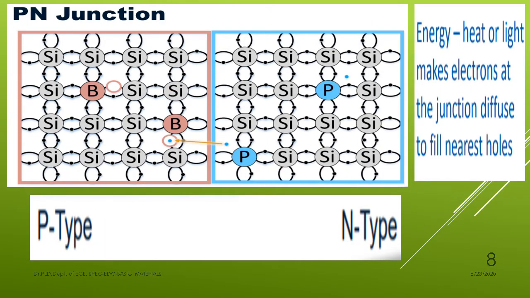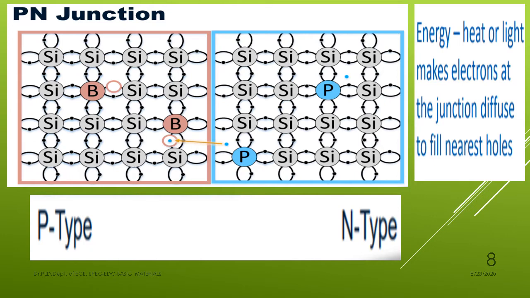With this combination of P and N type semiconductors, we enter into the semiconductor devices. At this junction, electrons get diffused based on the carrier concentration. Electrons move from the N type to the P type semiconductor.